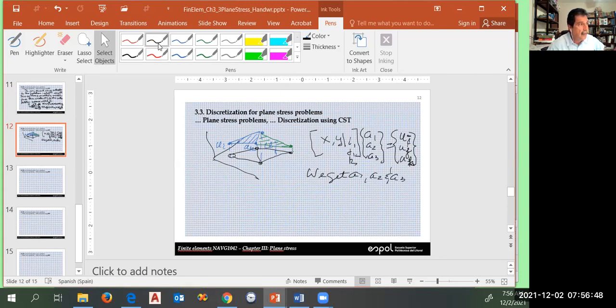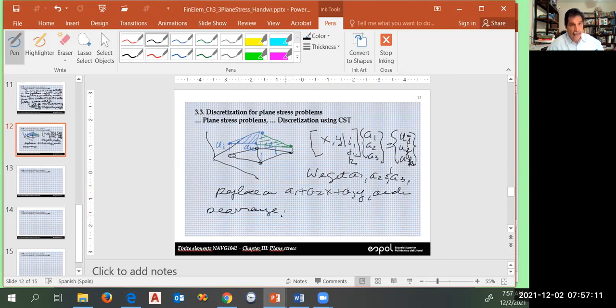Okay, so we get this, replace in A1 plus A2x plus A3y and rearrange.